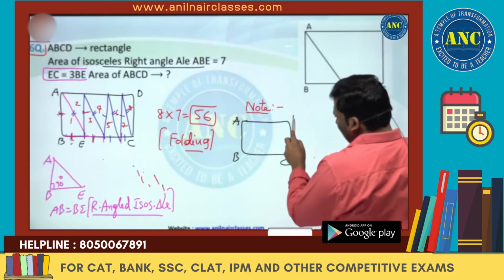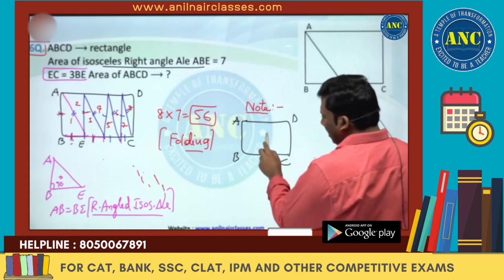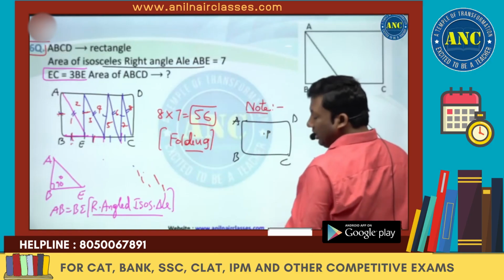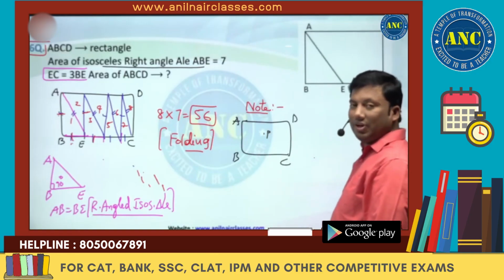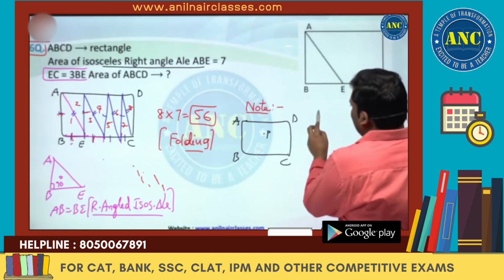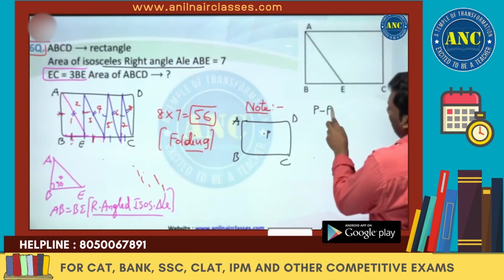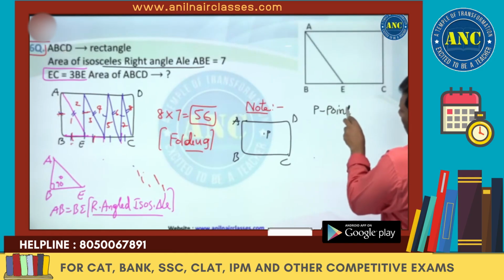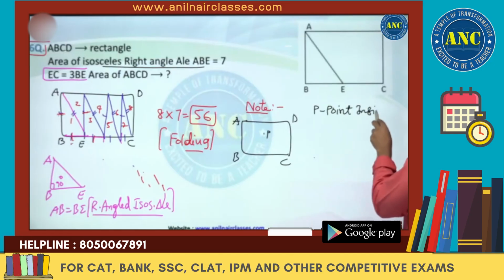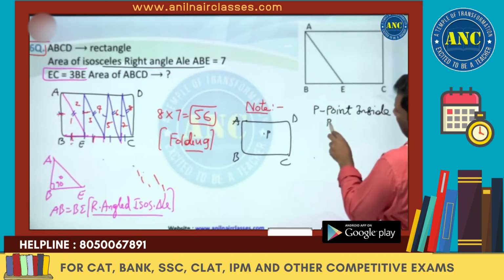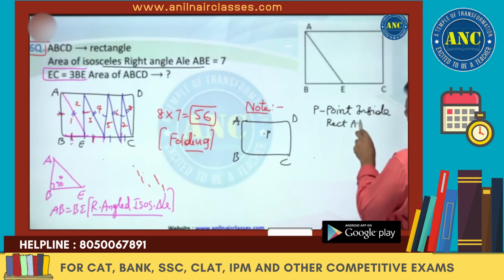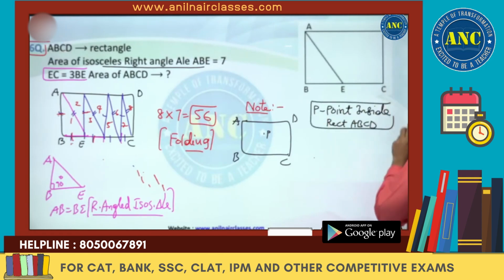ABCD is a rectangle. P is a point inside the rectangle. Very, very important property. P is a point inside the rectangle ABCD. Now see here.